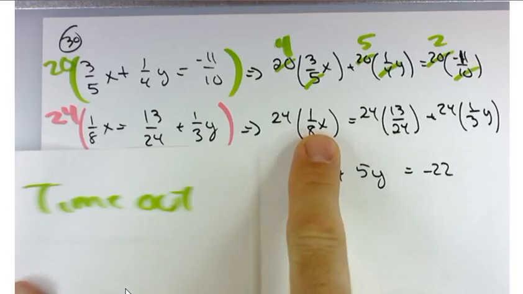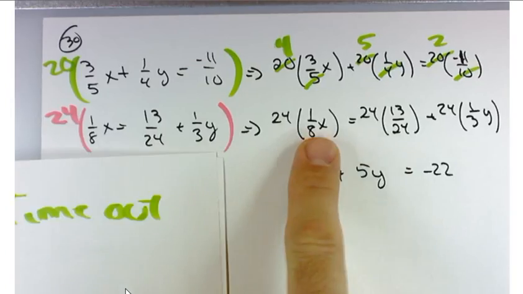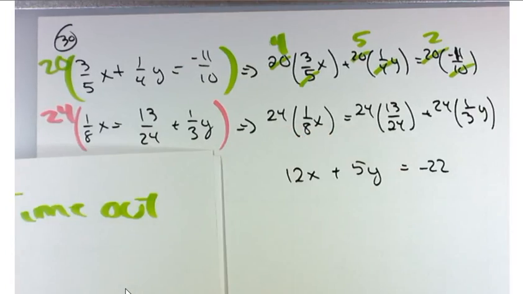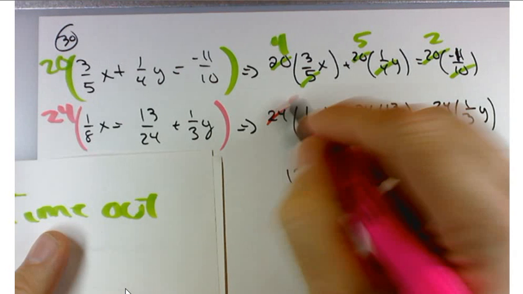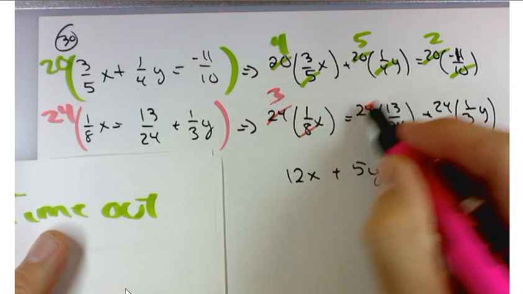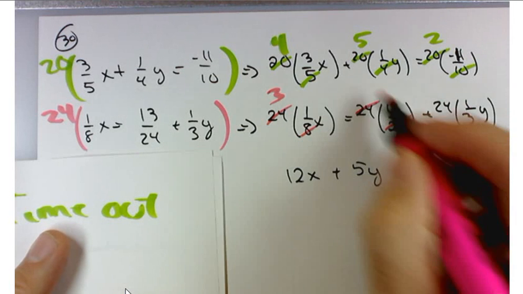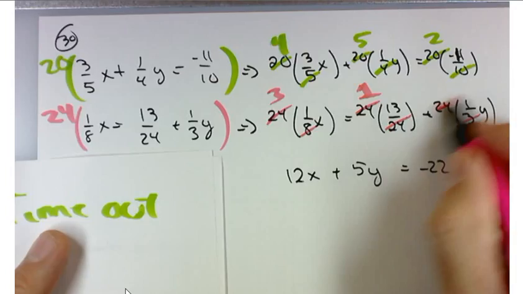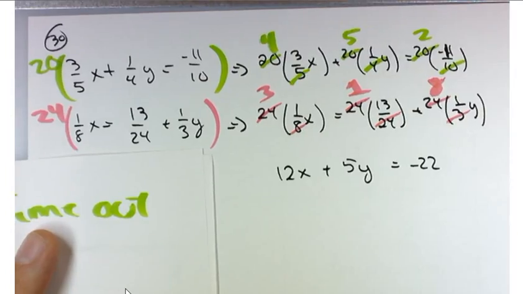Gil? Perfect. 3x equals 13 plus 8y. So again, some nice cancellation. The 24 cancels out altogether. 3 goes into 24 8 times, so 3x equals 13 plus 8y.